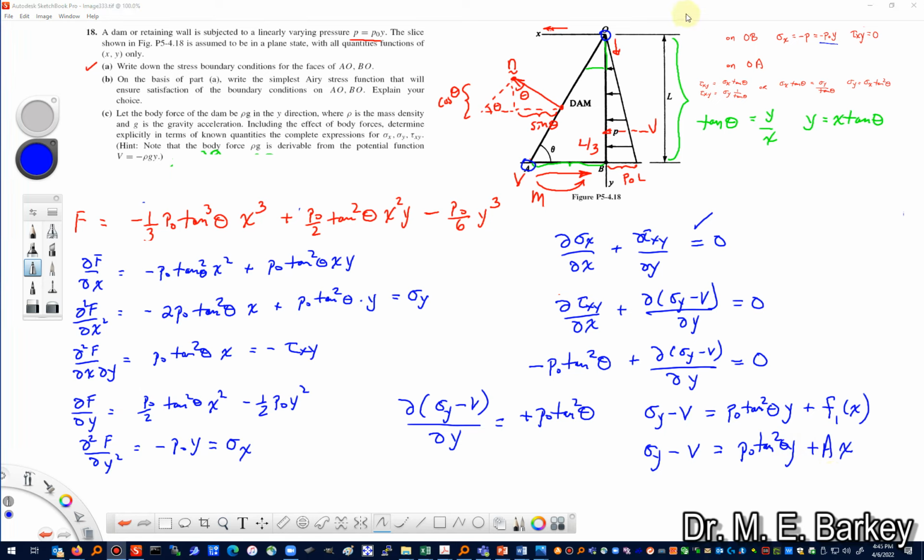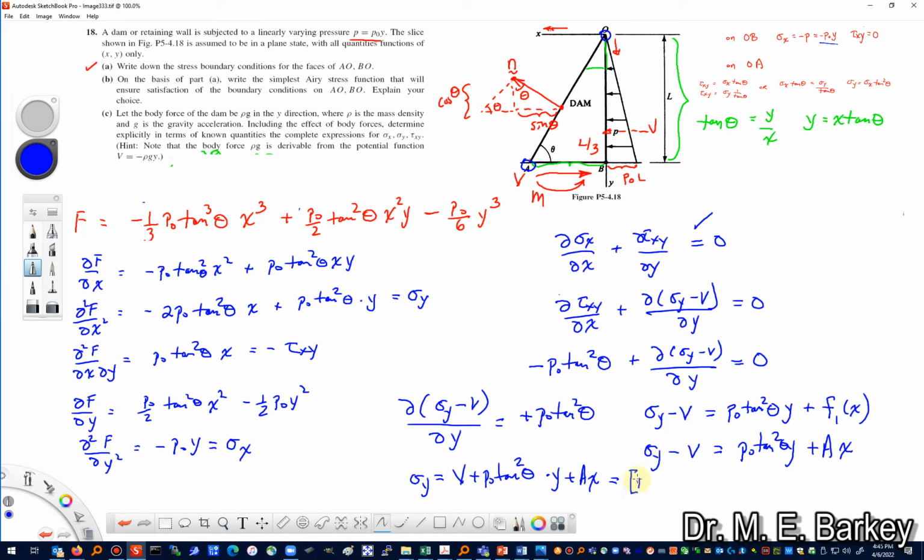All right, just enough room to write down the next line. They told us what v is. All right, so we're going to have sigma y is equal to v plus p naught tangent squared theta times y plus ax, but v is equal to minus rho gy.